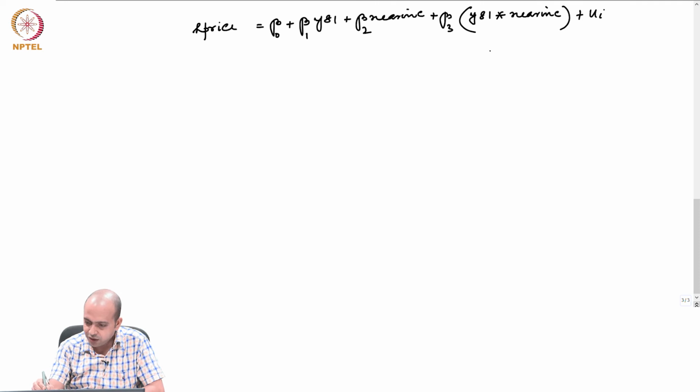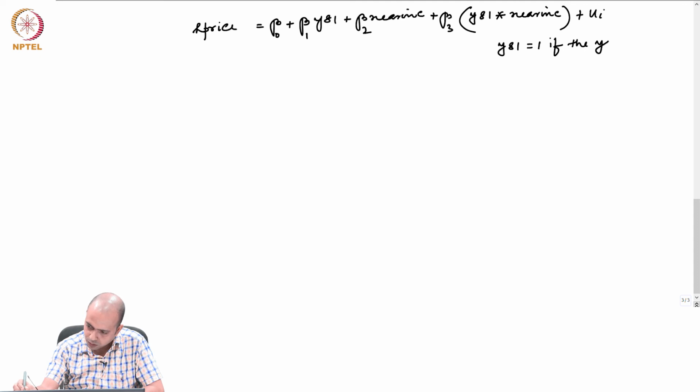How am I defining y81? y81 equals 1 if the year is 1981 and onward.